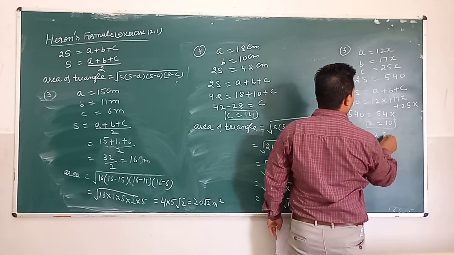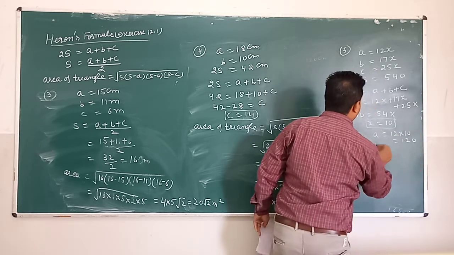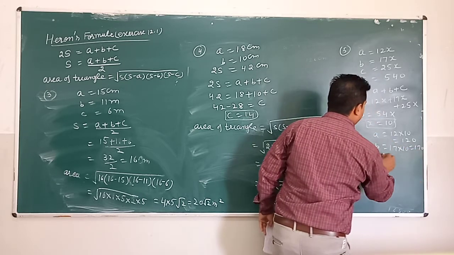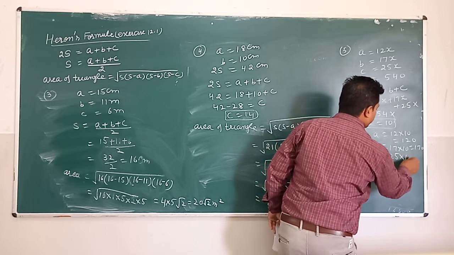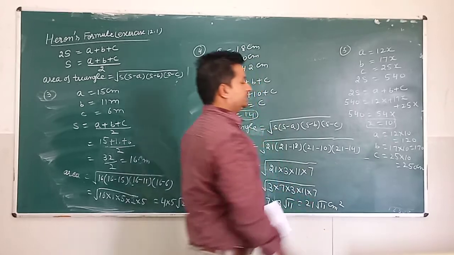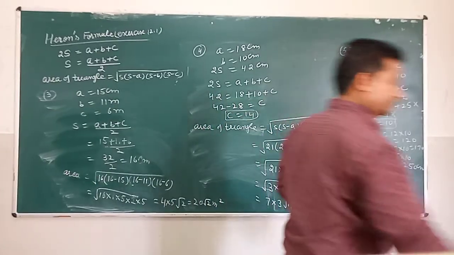And the first side A is 12 into 10, which is 120. Side B is 17 into 10, 170. Side C is 25 into 10, which is 250 centimeter. These are the three sides, and we are required to find its area.